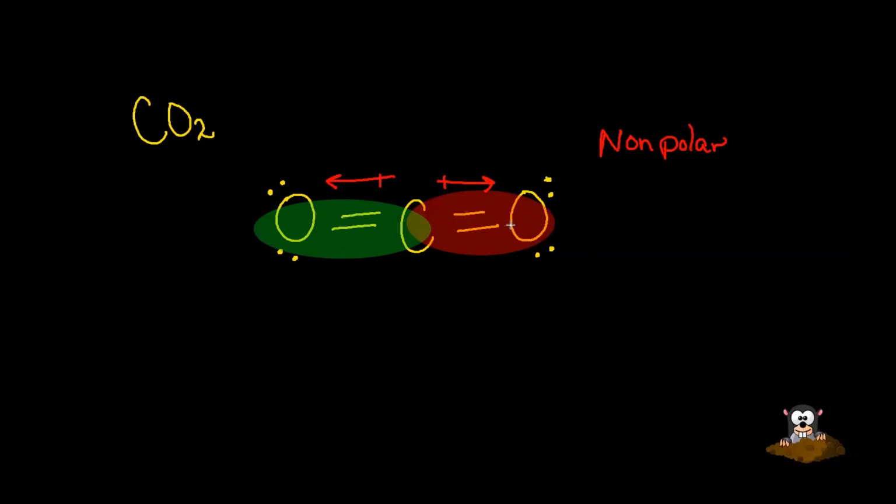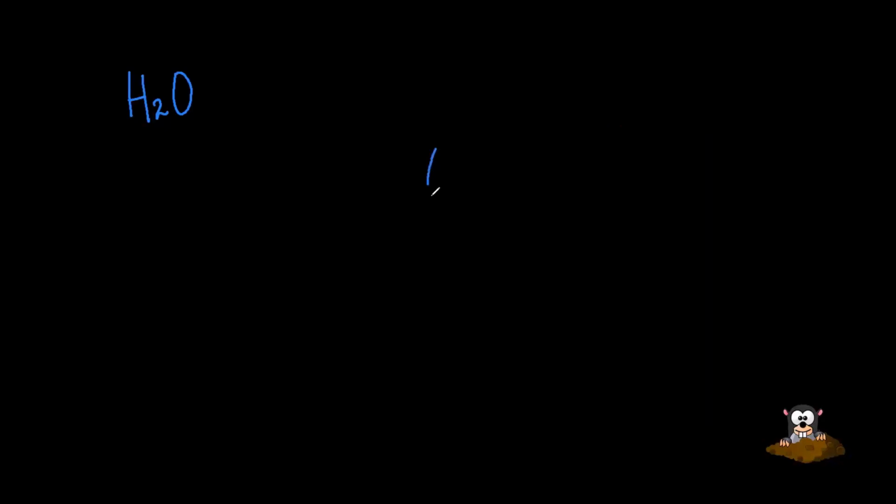We have the same electronegativity this way, the same electronegativity the other way, and because they have the same electronegativity, not one of these oxygens is going to be pulling the electrons closer to itself stronger than the other oxygen. And therefore, this right here would be a non-polar molecule. These dipoles will cancel out and there will be no net dipole.